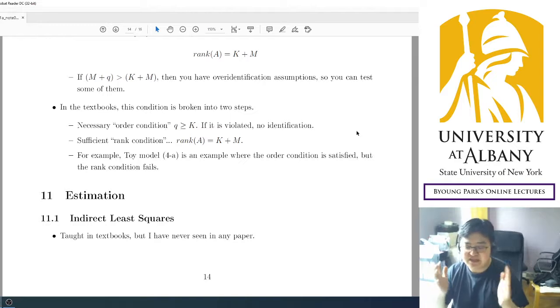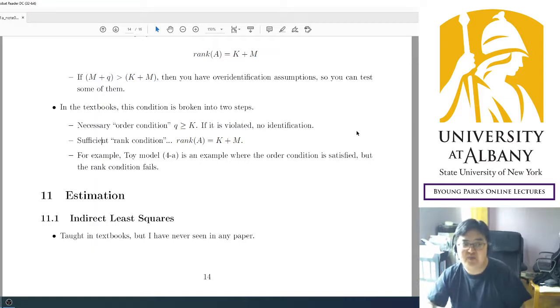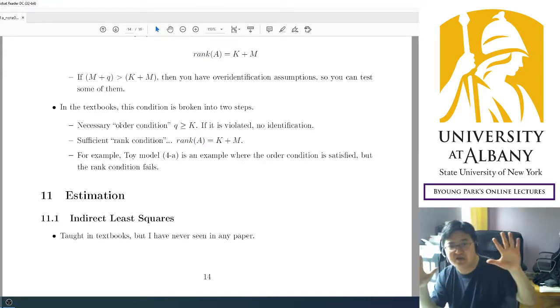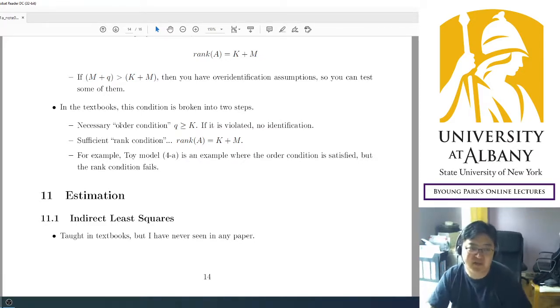It is like we have 5 unknowns, but we have 3 pieces of information. Then you cannot identify because it's not enough. In this case, the order condition is violated. The numbers do not match. The number of pieces of information must be at least equal to the number of unknowns. If that does not hold, then the order condition is violated.